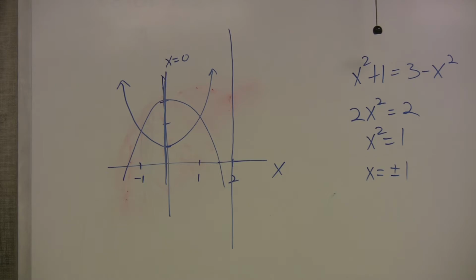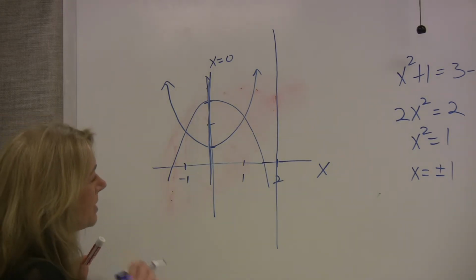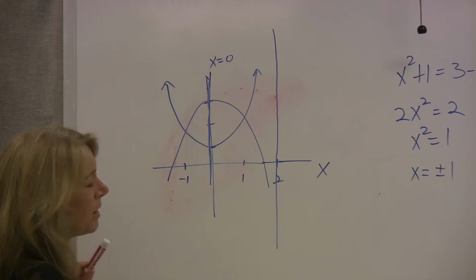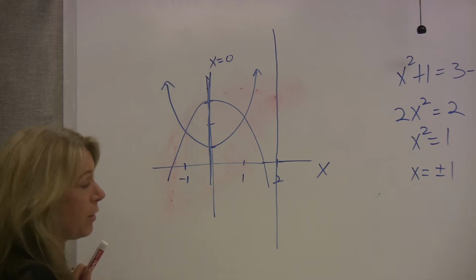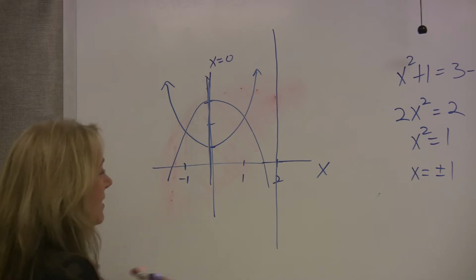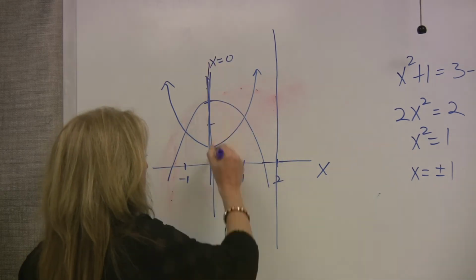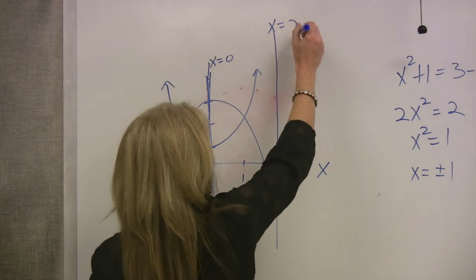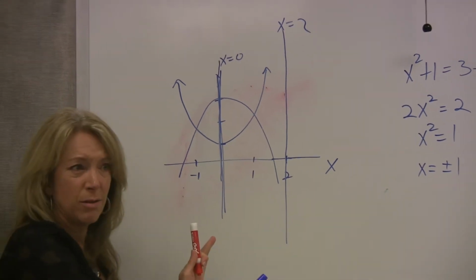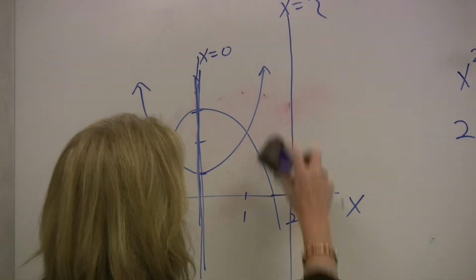Where's the region enclosed by this? Well, here's the problem. They want the region enclosed by all four of them. So between 0 and 2 pretty much keeps me between these two lines. Remember, x equals 0 is this one, and x equals 2 is that one. So I have to stay between those two, but then I also have to stay between the parabolas. I'm going to extend these out and make them touch.